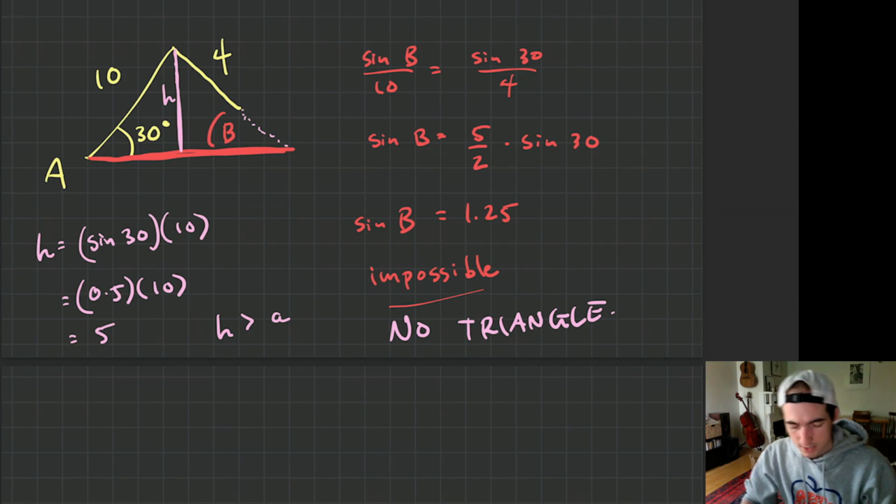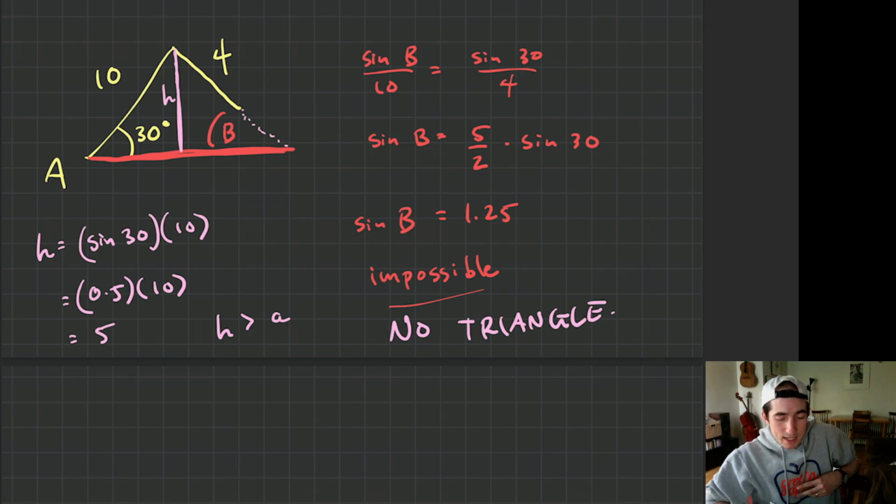The important thing to notice here is that in all the other cases, I can give you any angle and any two side lengths and it'll make a triangle. But in this ASS case, you have to be a little more careful. It doesn't always work. And here's an example of me giving you an angle and two sides and it not working. But if I gave you SAS instead of ASS, here's a side.